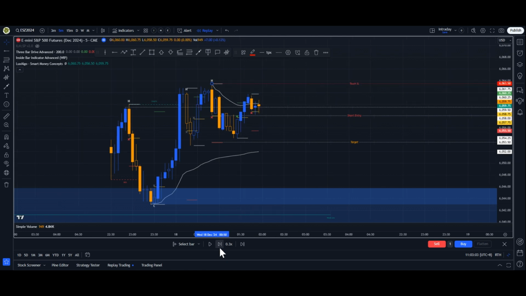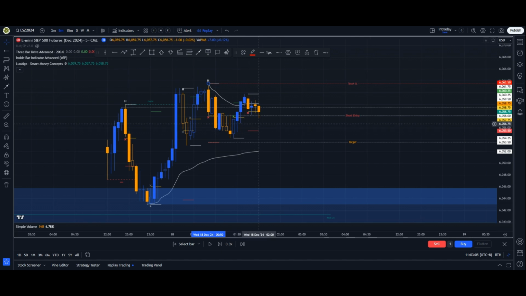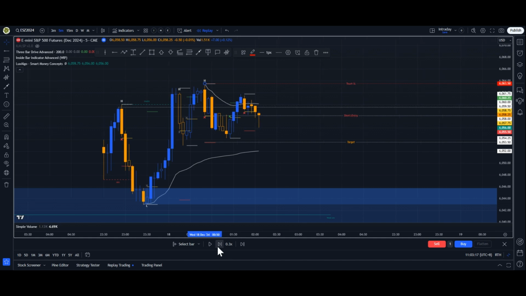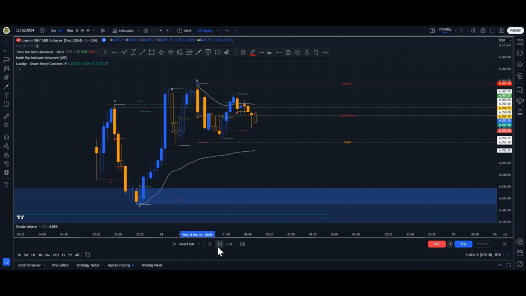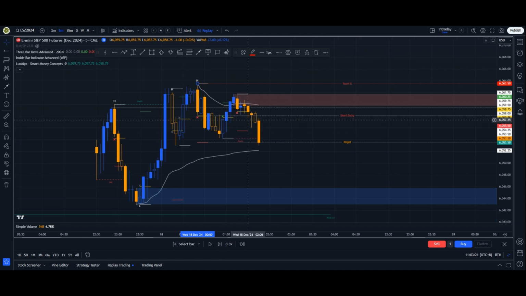So the market continues. We should ideally get a re-entry from this point in time. We should again keep a close above the VWAP as our tight stop loss. Market goes, and at this point in time, because we are still trading from this entry perspective, our target has been reached.